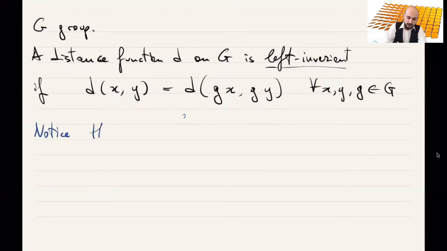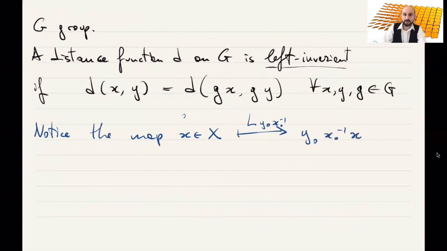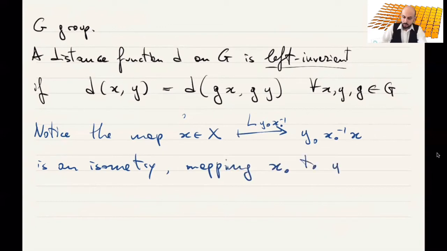In fact, the map that to every x associates y0 x0 minus 1 x, as a function in x, is an isometry if you have a left invariant distance, mapping a given point x0 to y0.